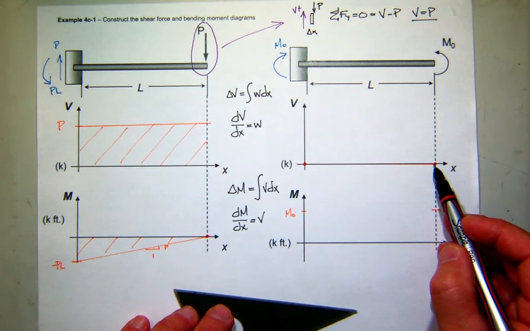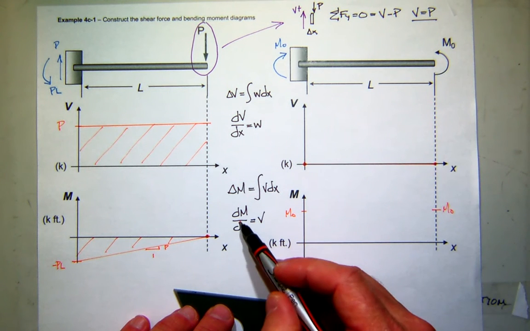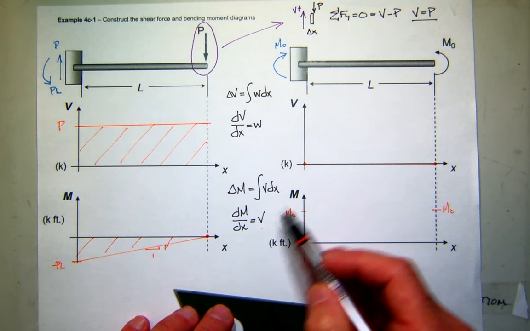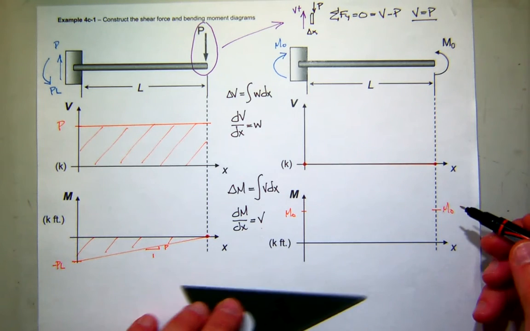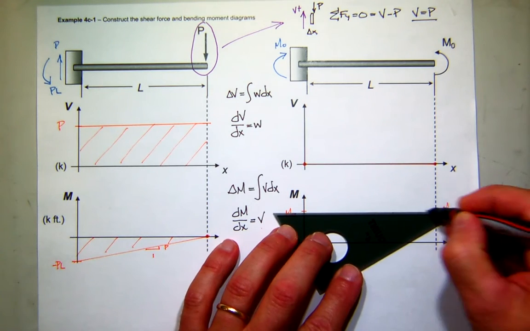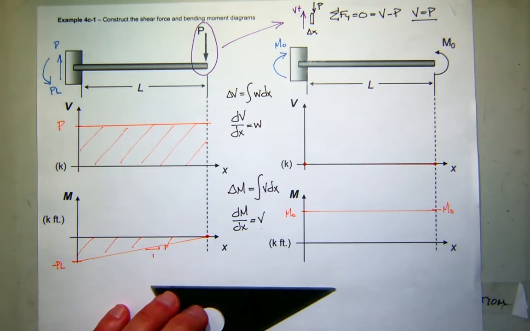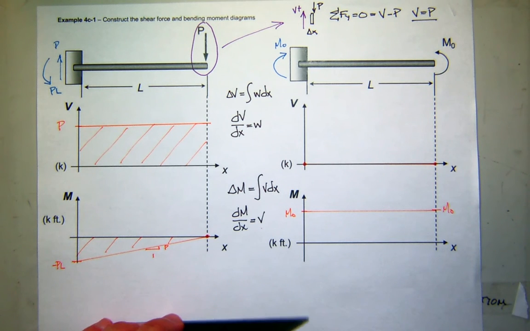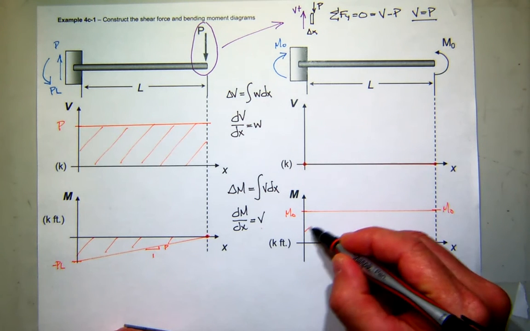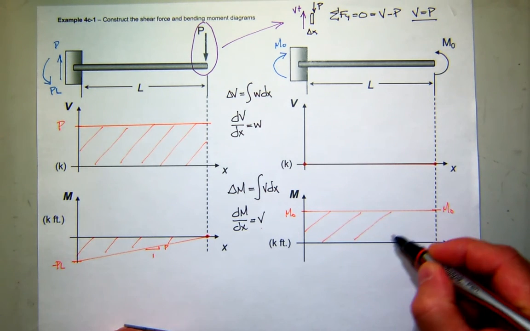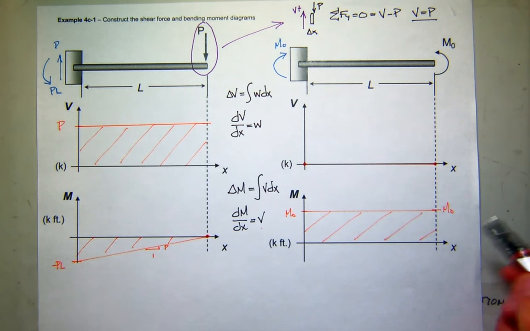Looks like it to me. So that works. And what's the slope of the moment diagram? It's equal to the value of the shear. The shear is 0. What's 0 slope again? Horizontal line. Be careful when you say straight line, because a straight line can have a slope. So this is a pretty simple problem that has no shear and constant moment.